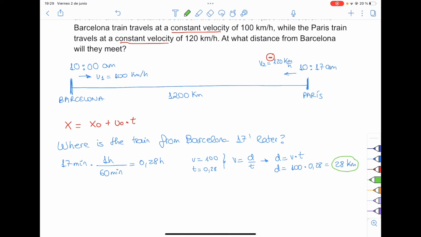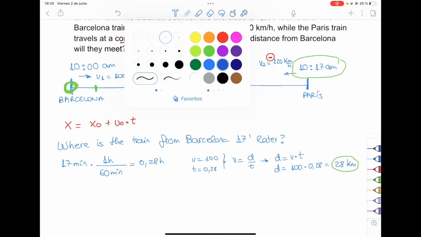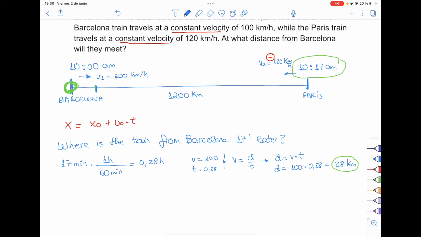Okay, so now I know that at 10:17 the train from Barcelona is not here, now it's in here, at 28 kilometers. So we can say that this is 28 kilometers, and it is the position of the train of Barcelona right now at 10:17.